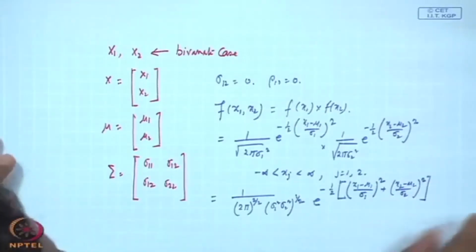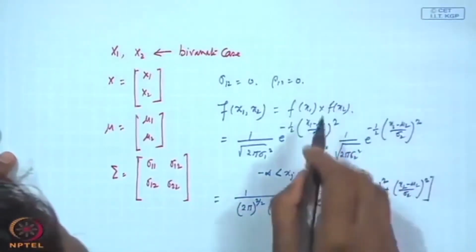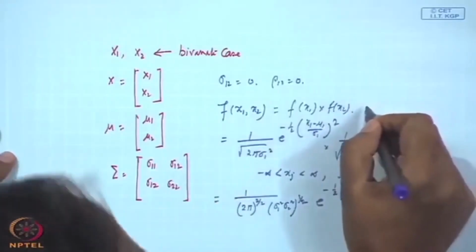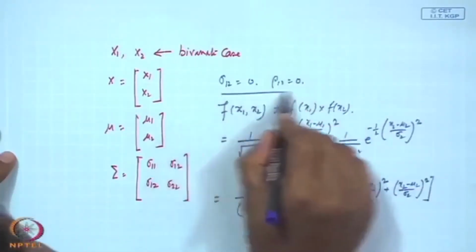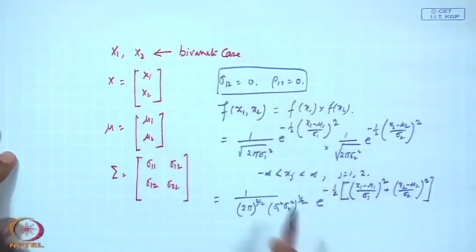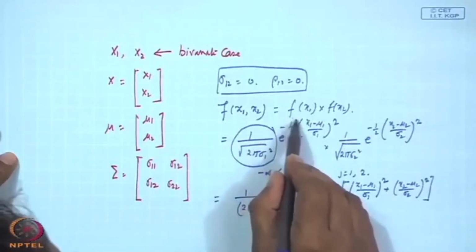So, essentially what is happening here is that when I go for the univariate normal or bivariate normal with no dependent structure, you have two components in the density function. One is the constant part, another one is the exponent part.